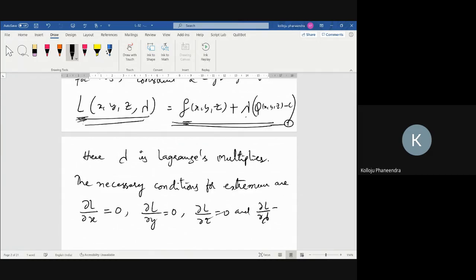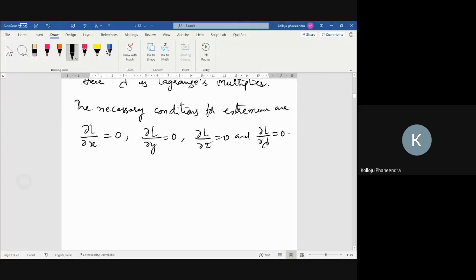Therefore, dou L by dou x, dou L by dou y, dou L by dou z, and dou L by dou lambda all equal 0. Okay, these are the necessary conditions. Now, how many equations here? Totally 1, 2, 3, 4 equations. How many unknowns? x, y, z, and lambda. Solve these equations for x, y, z, and lambda.